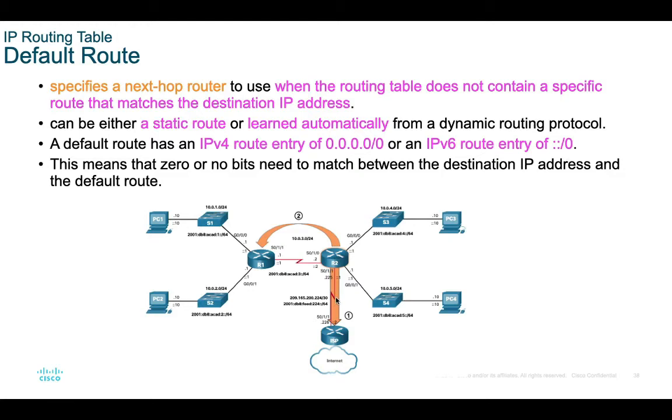Default route, most of the time, we configure for the internet because the internet has so many networks. We are not able to configure manually every single network, or we do not want to build up an IP table with so many entries of the internet. So that's why we are using a default route.